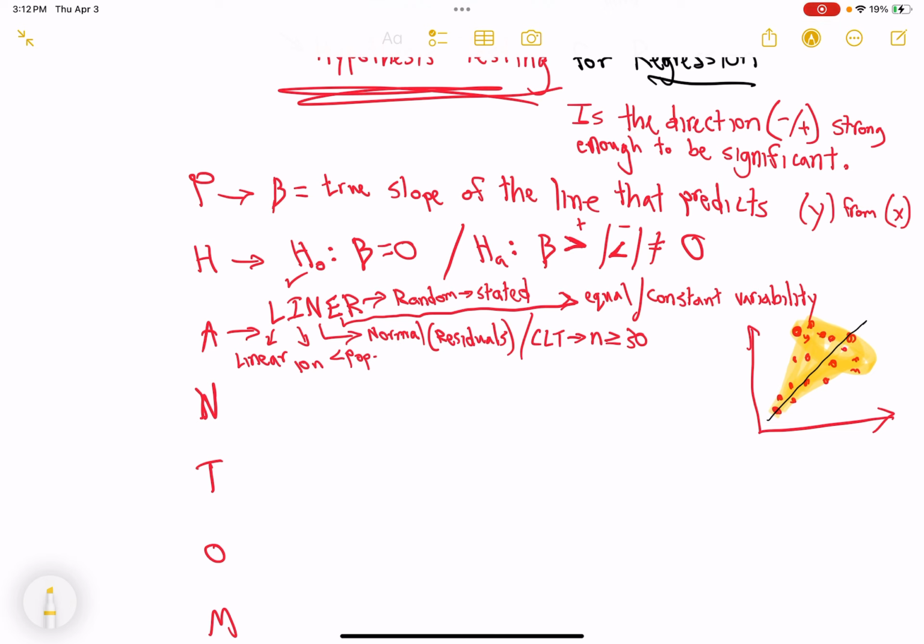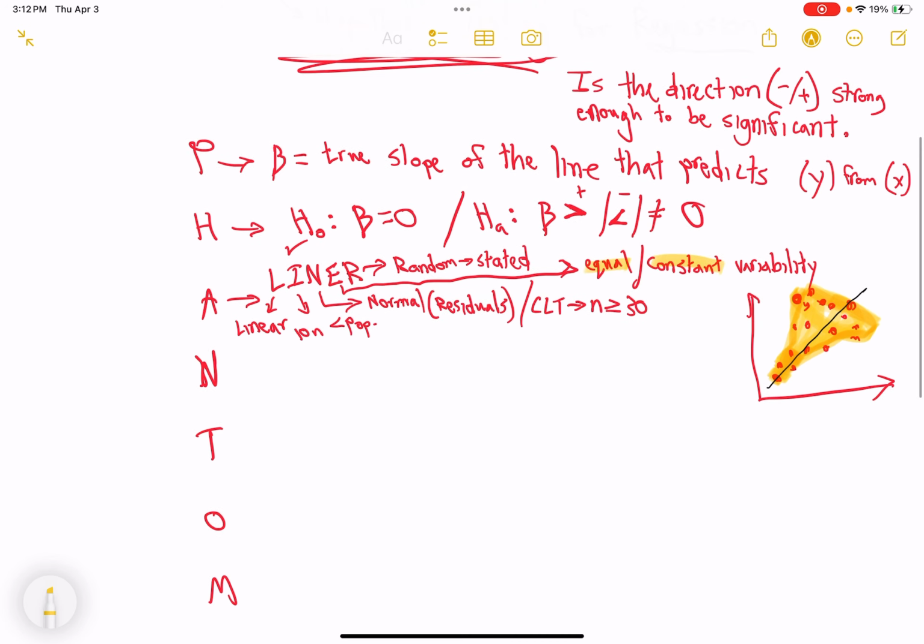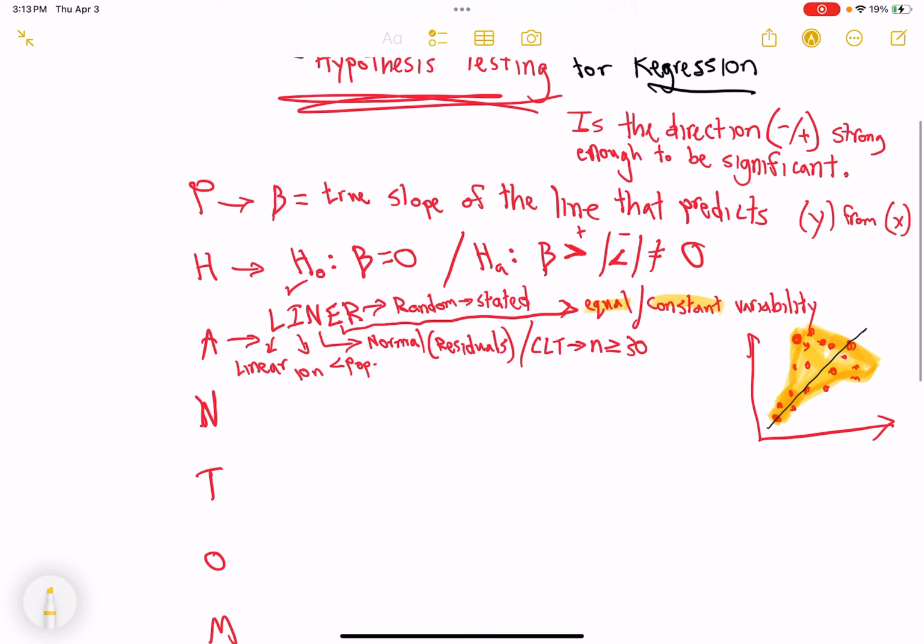What that's saying is as x gets greater, y also gets greater, but the variability is changing. The variability was tighter at the start, and then it got looser. It got weaker because of more variability as the graph goes on. That is not constant or equal variability. More variability exists later on than earlier on, and that is a no-go.